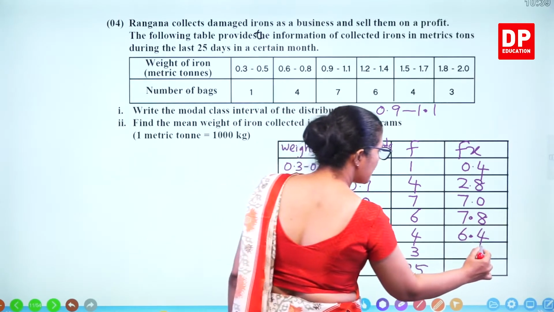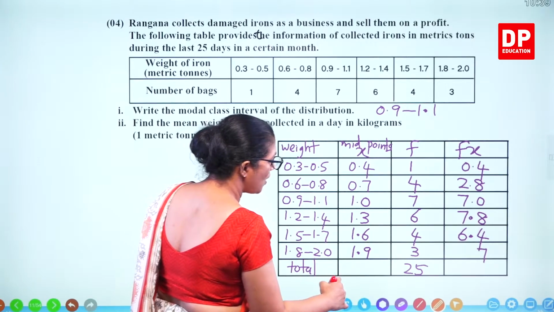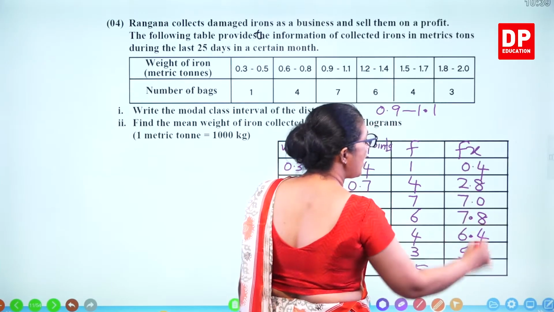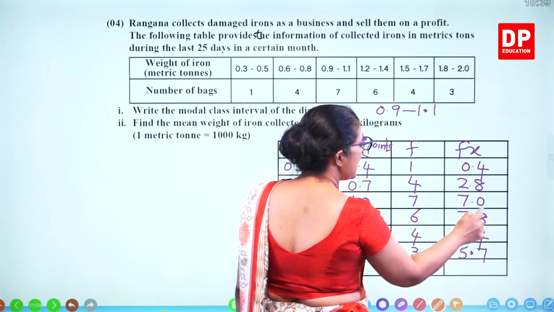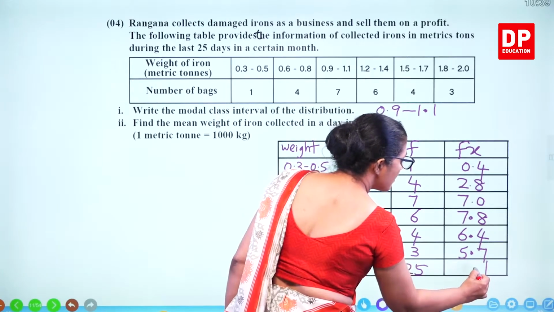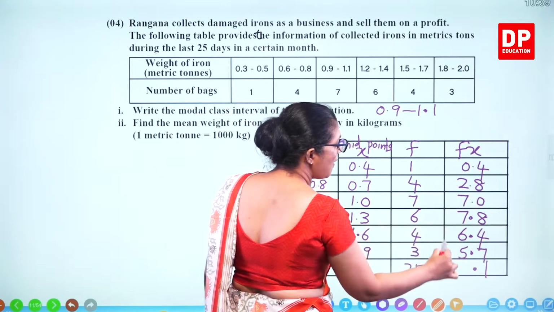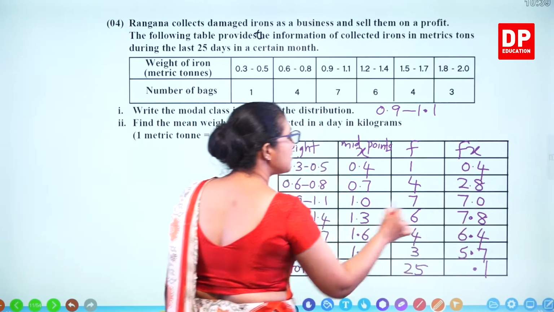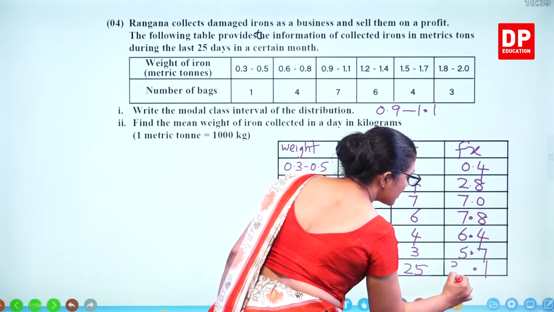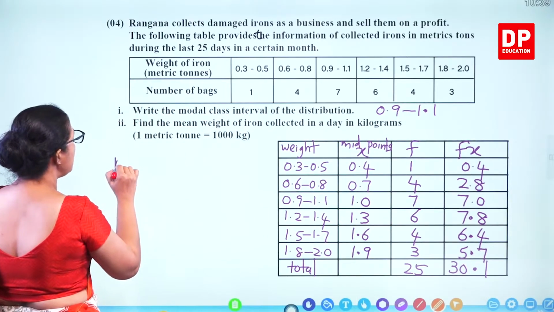And 3 times this, 27, 3 times 1, 3 plus 2, 5. Now add it. 8 and 8, 16, 20, 27, 31. 3 remaining, 5. 5 and 5, 10. 10 plus 14, 24. And 6, 30. 30.1.